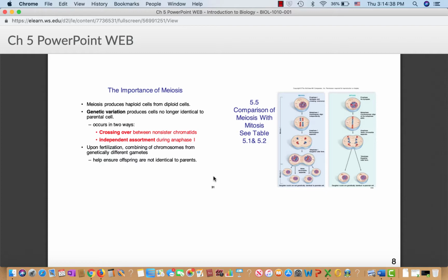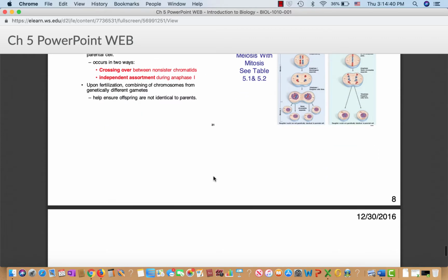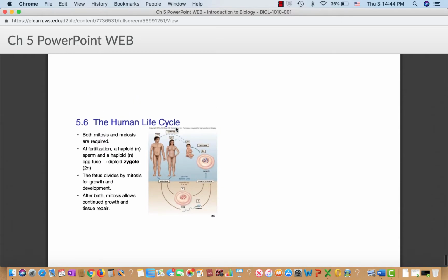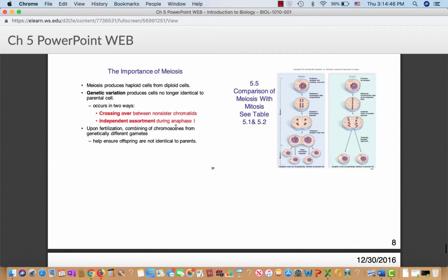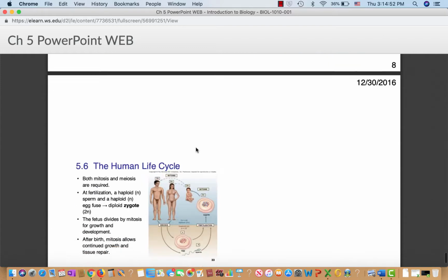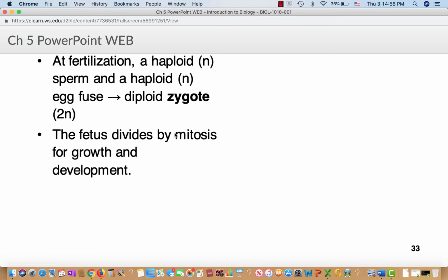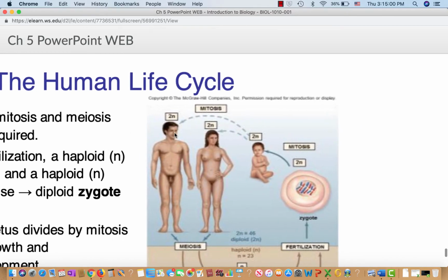And that's essential, and that genetic variation is essentially what makes us all unique individuals and prevents us from being just clones of our parents. And this whole thing is kind of summed up here in what they're calling the human life cycle.